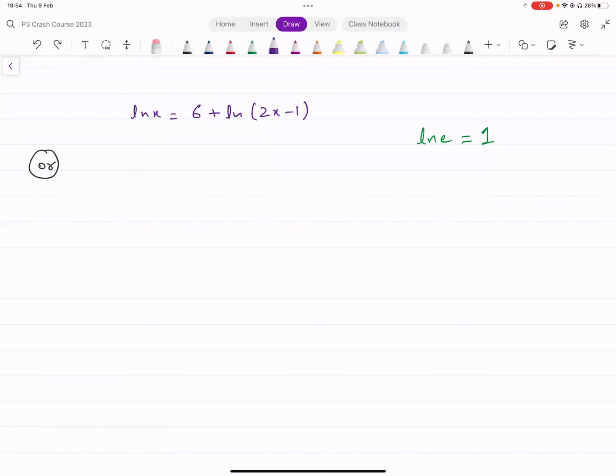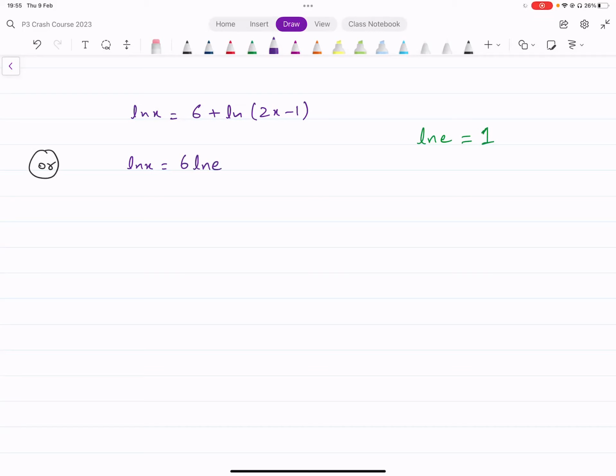So another idea that you could use here could be that you write 6, you convert 6 to a log form as well, right? So 6 is right now without a log. You convert 6 to a log form as well. How does that work? You could write 6 as 6 multiplied by ln of e.